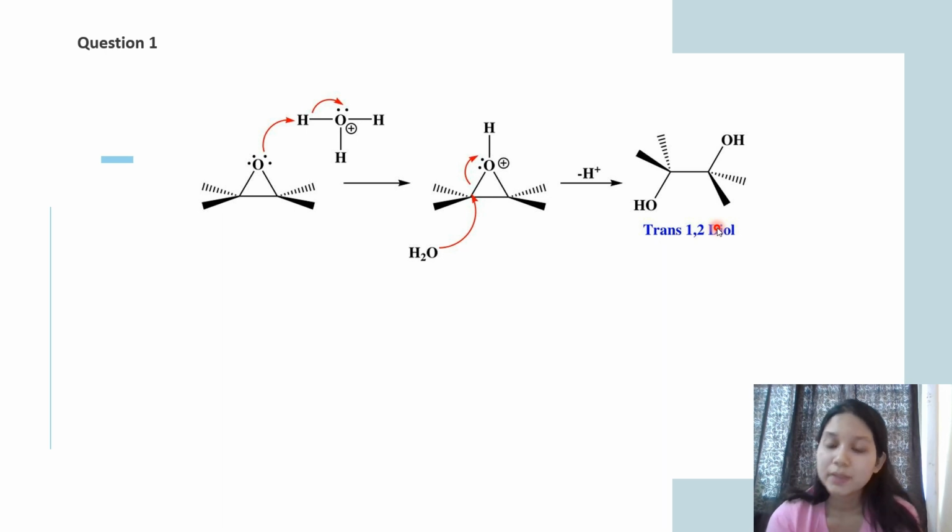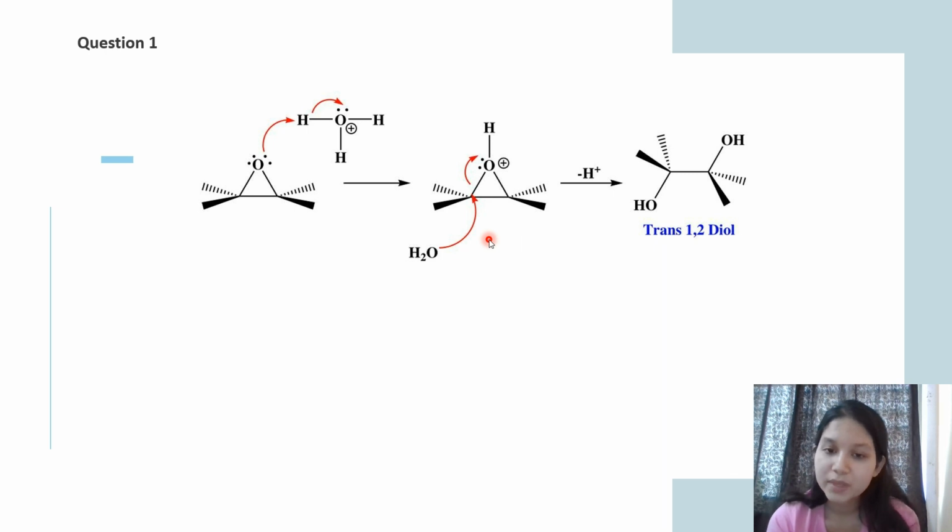You have to always remember that after formation of the first oxonium ion, when the lone pair of oxygen gives its electrons to the acidic proton, the water molecule will attack the epoxide ring from the opposite face. It is always preferred from the opposite face.